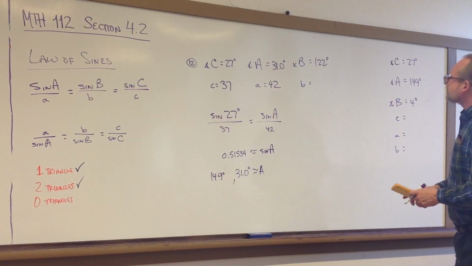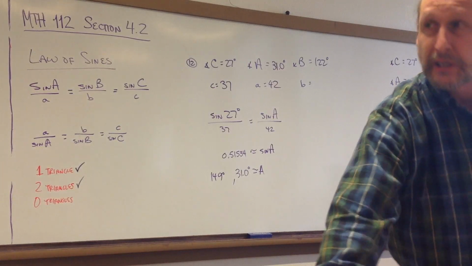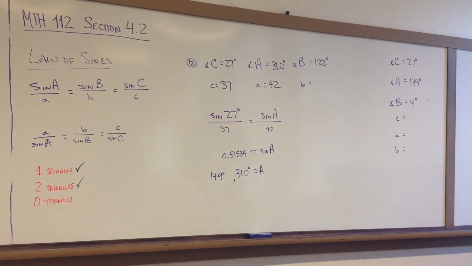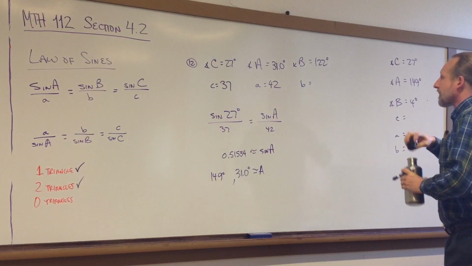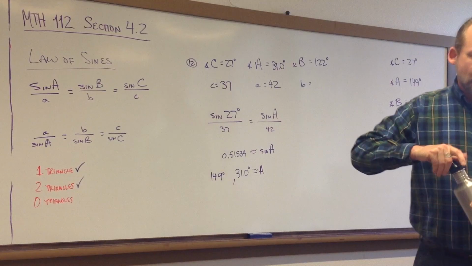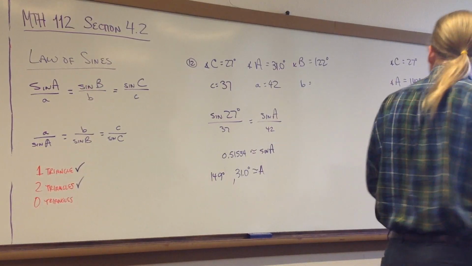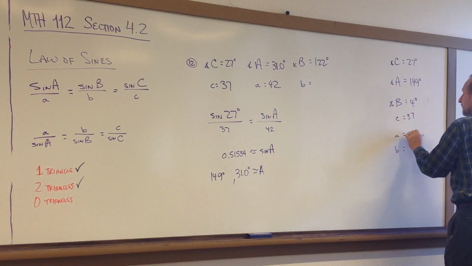Excuse me. All right, so what do we need now? Looks like we need to find the length of side B for these two different triangles. Okay, let's see. Side C is 37, side A is 42.